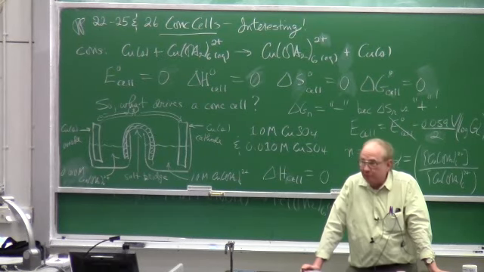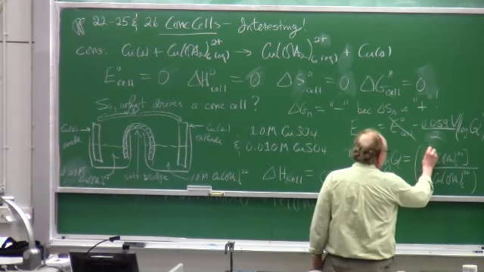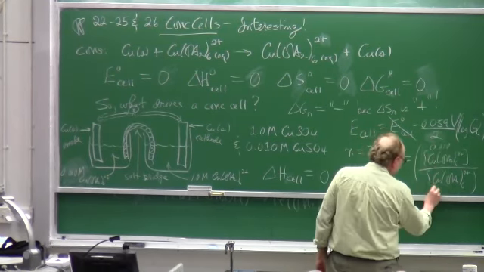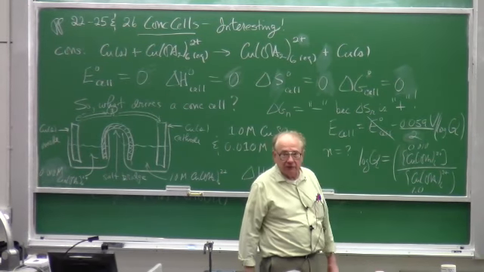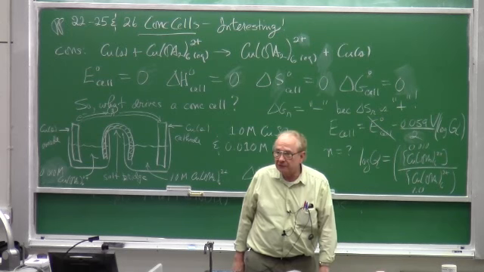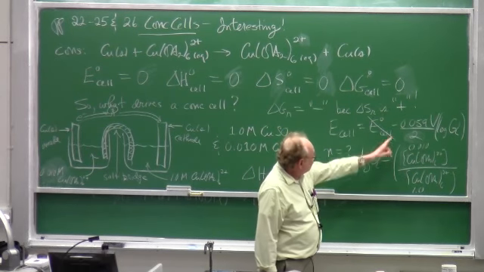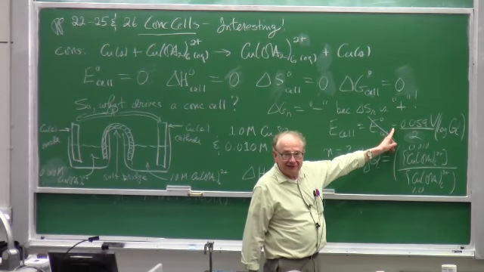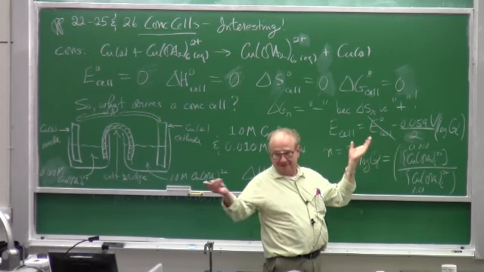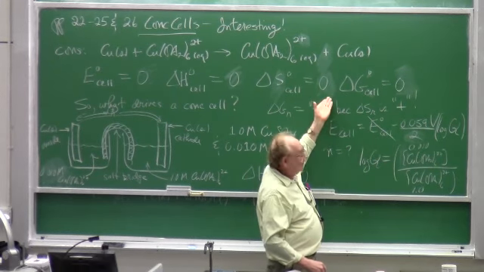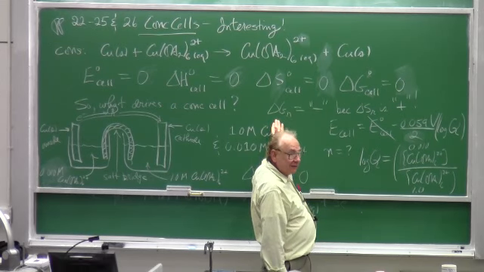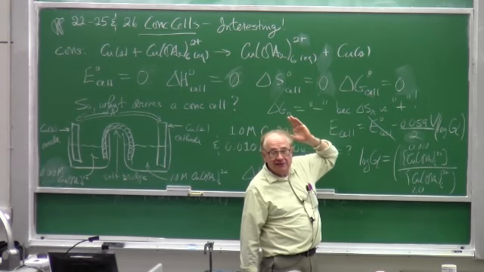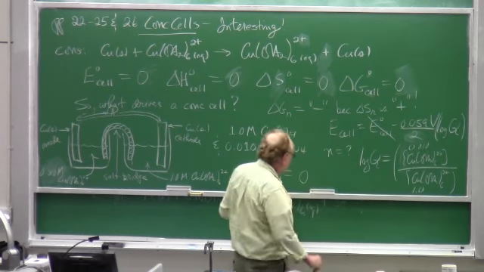Product copper ion, you betcha. So here I'm taking the log of 10 to the minus 2. And the log of 10 to the minus 2 is minus 2. And minus 2 times a minus gives me a plus, doesn't it? And that's how we get a net non-zero delta G value and a net positive E cell value for a concentration cell.